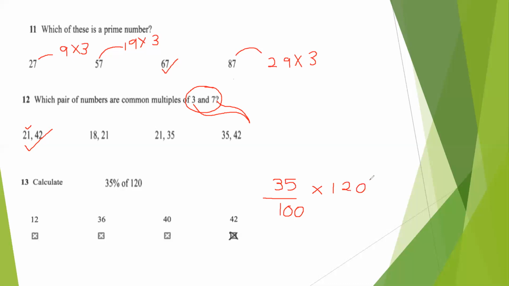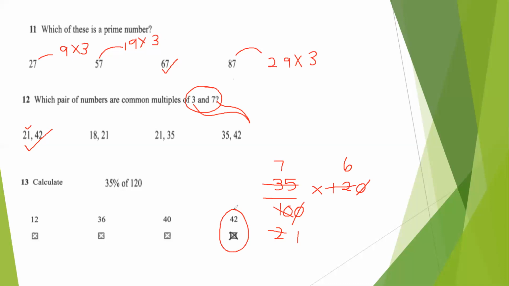Okay, so you can simplify this, 0 with 0. Then I can cut with 5s. 5 times 2 and 5 times 7. Again, I can cut 2 times 1, 2 times 6. So 7 times 6, I'll get 42. Therefore, my answer is 42.